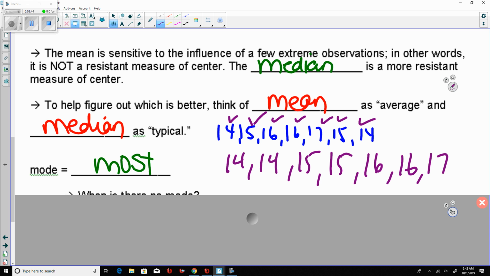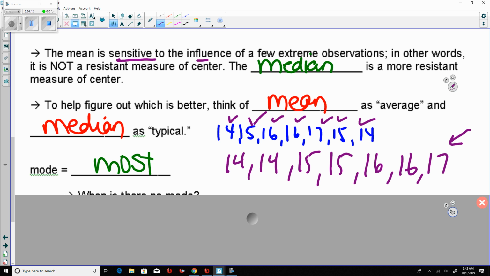Okay? Now, what it says here is the mean is sensitive to the influence of a few extreme observations. So what that means is if I took the average of these 7 numbers, it would be pretty close to like 15, 16. Okay, it might be 15.2, 15.25, 15.5, whatever.